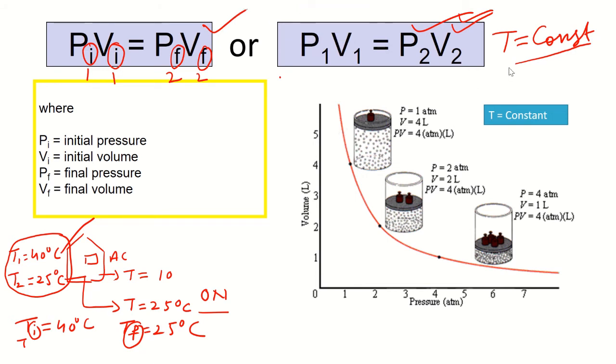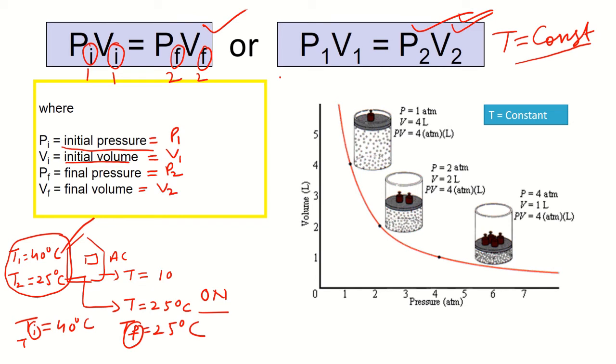Now in this formula, Pi stands for the initial pressure. So the initial pressure we can write as Pi, or also as P1, and this is the initial volume, so we can write V1 or Vi, and this is the final pressure, so we can write P2, and this is the final volume, so we can write V2.